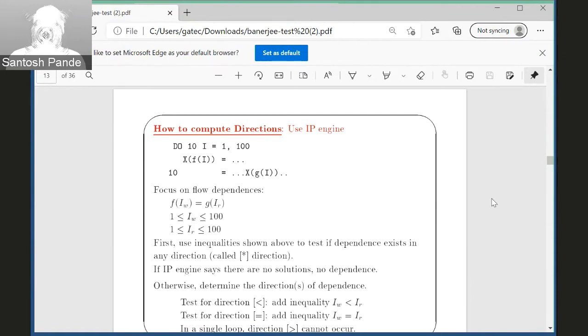And if we cannot prove independence, we have to assume there is a dependence, because otherwise the transformation will make the program illegal, as it will violate the memory semantics. So in short, the safety condition is that if you cannot prove independence, then assume dependence.